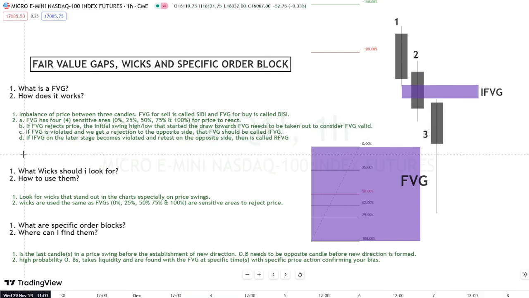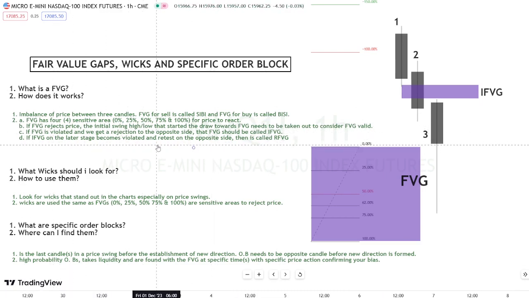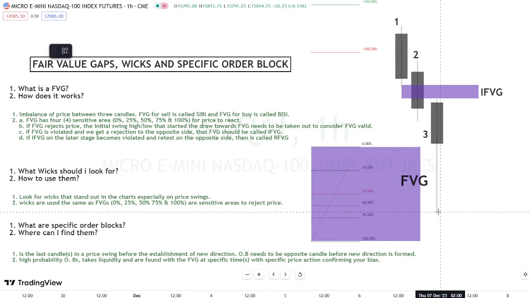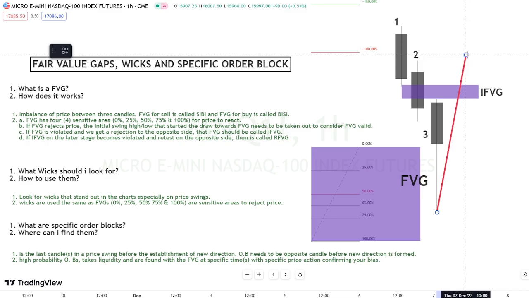I explained this. Sorry for that, guys. If the invasion fair value gap at a later stage becomes violated and retested on the opposite side, let me explain this with the same example. Remember, once we violate here, this becomes an invasion fair value gap.